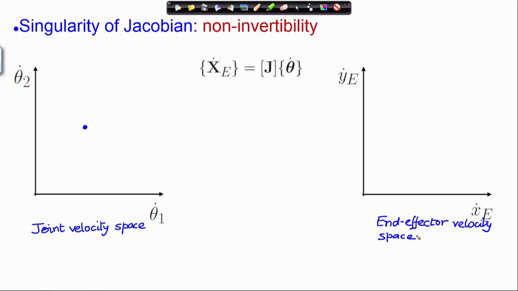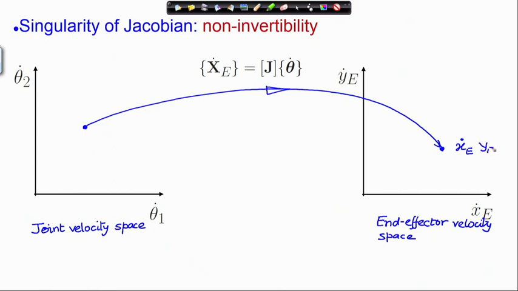Given a point in the joint velocity space and a configuration, I arrive at a point in the end effector velocity space.